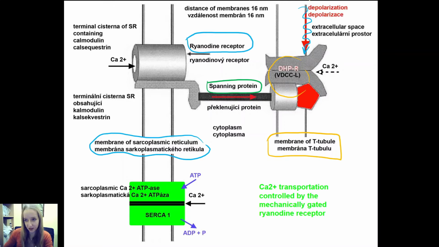And what's happening here, the depolarization wave goes, and then it stops at this VDCCL receptor, and this receptor will open. Because of the depolarization wave, it will open, and there is a slight influx of calcium ions into the cytoplasm of the muscle fiber.